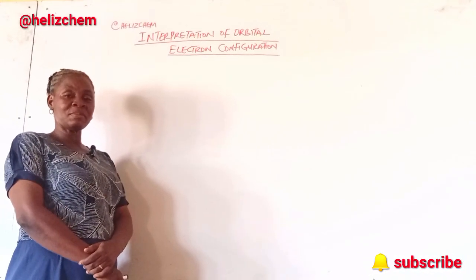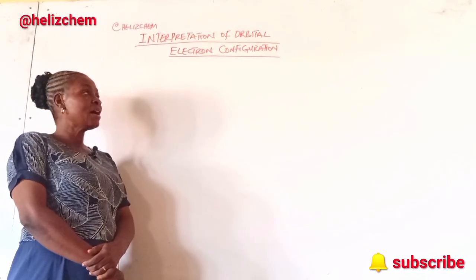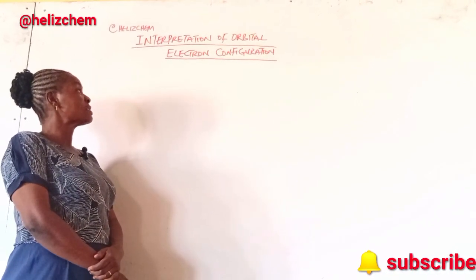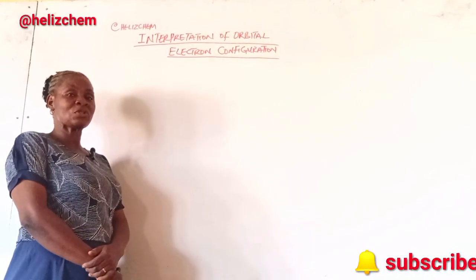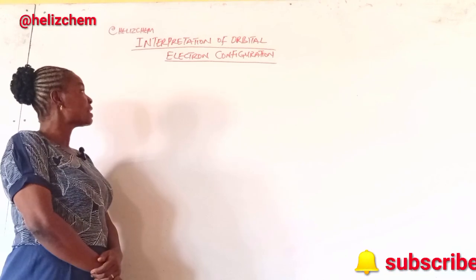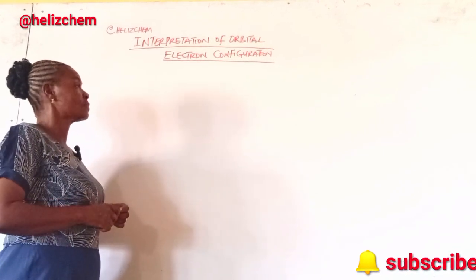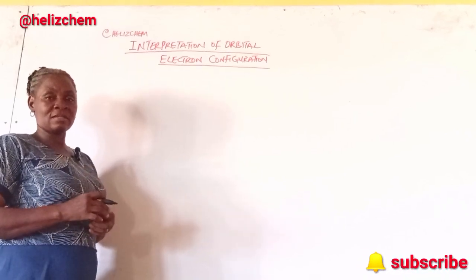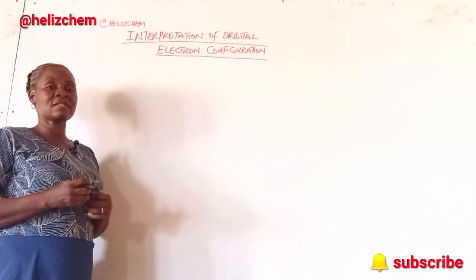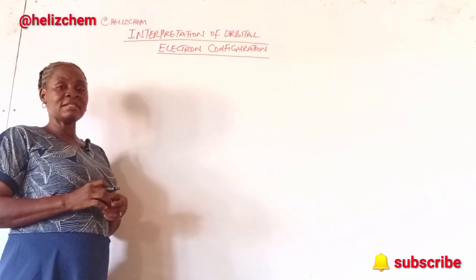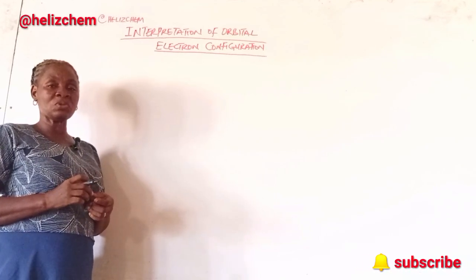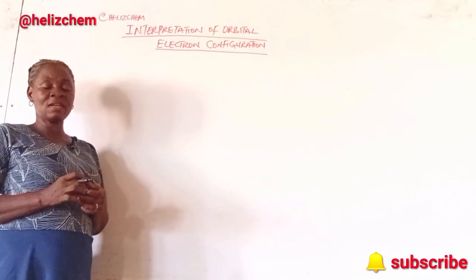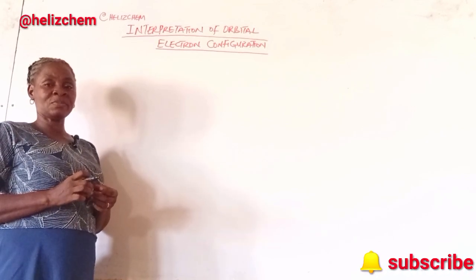As I promised in my last video, I want to explain how to interpret orbital electron configuration. Firstly, what are orbitals? Orbitals can be defined as regions where there is probability of finding electrons.